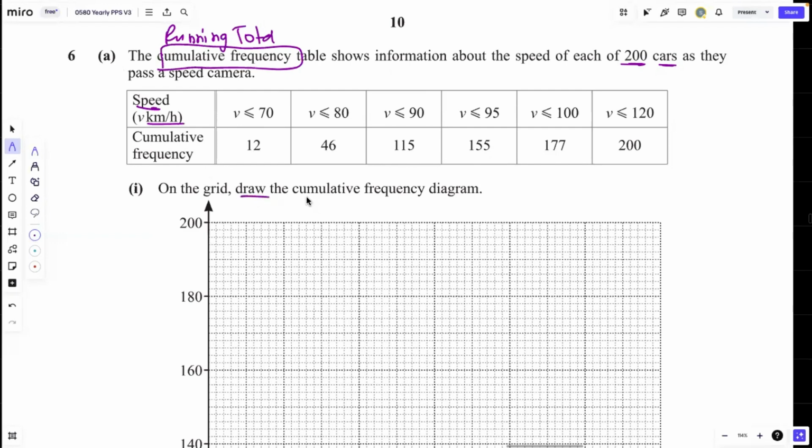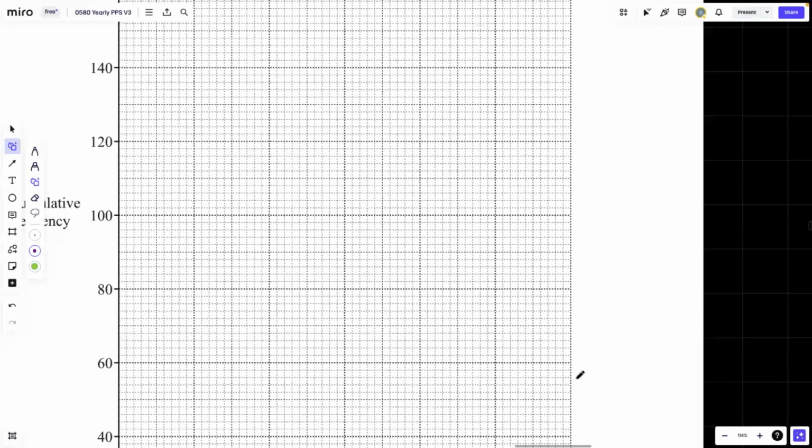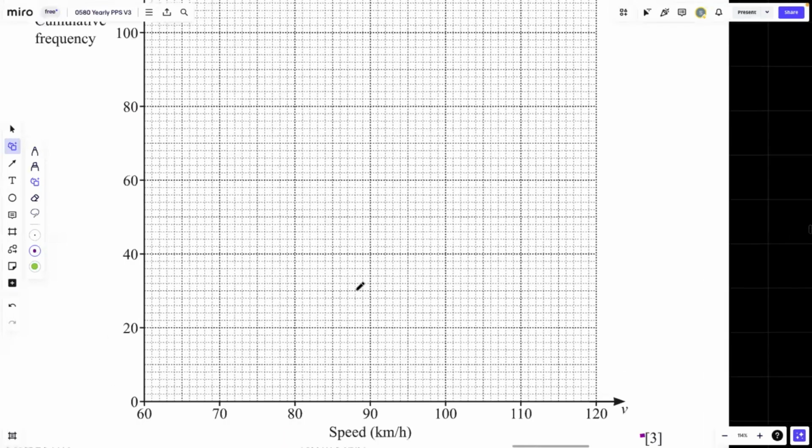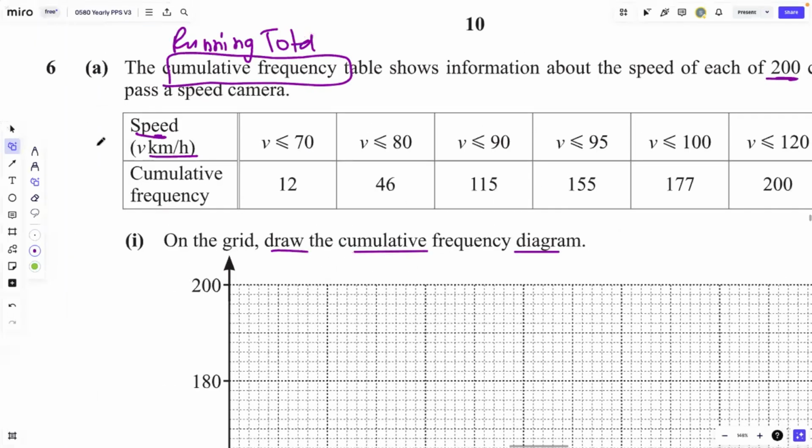The first part is asking you to draw the cumulative frequency diagram. The best way to work around this, a 3 mark part if I'm not wrong, is to treat them as x and y coordinates.